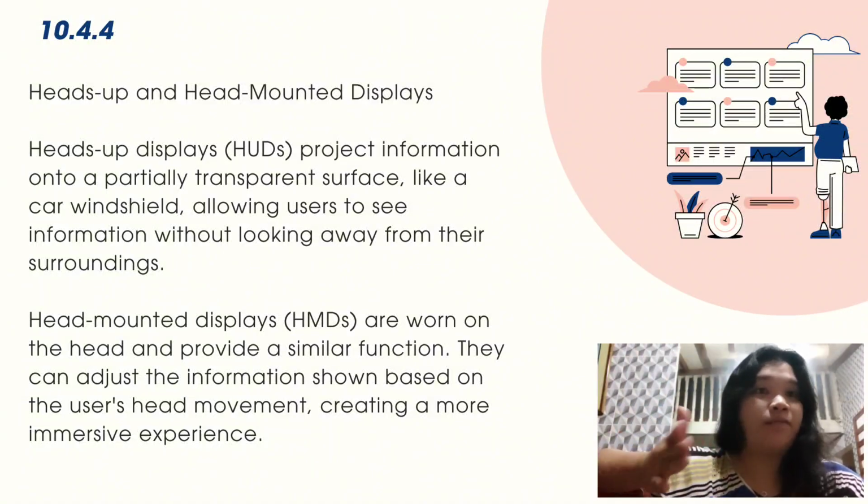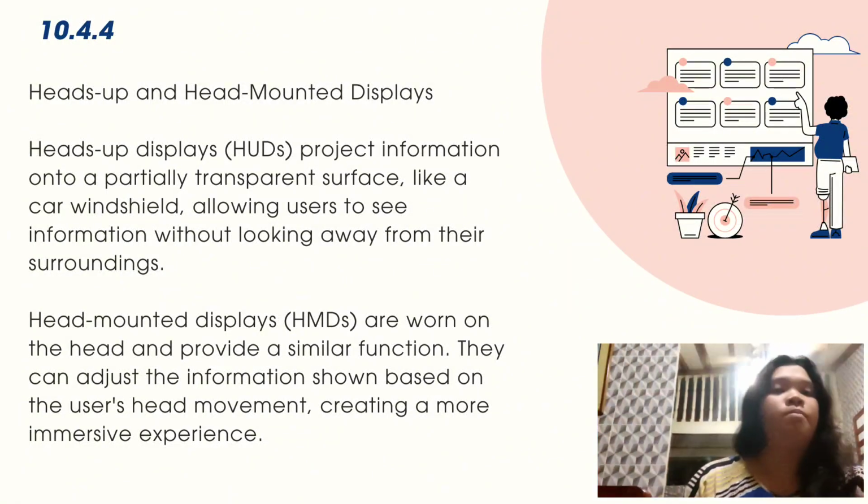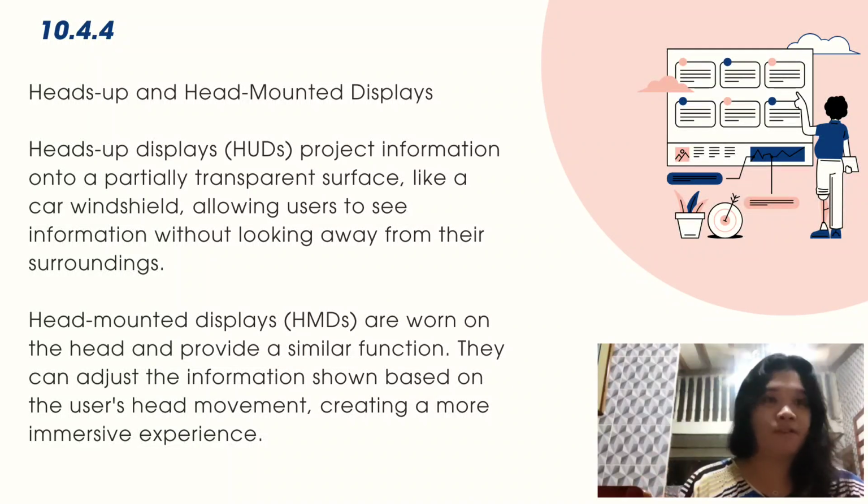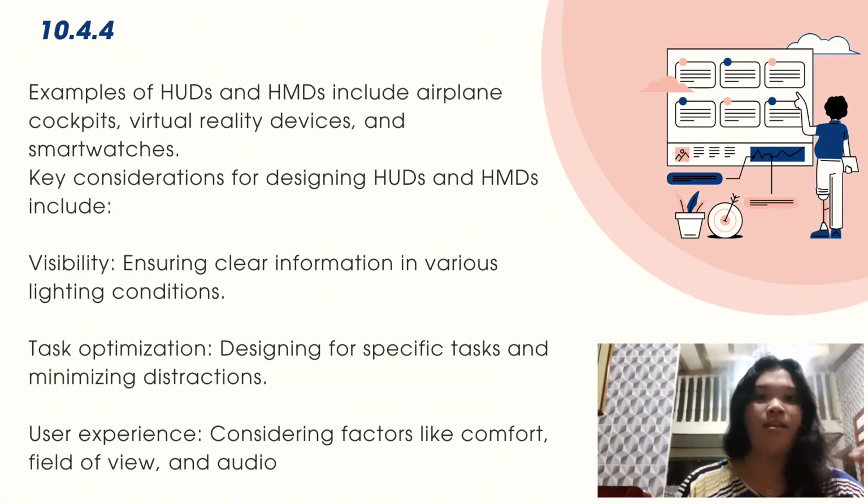They can adjust the information shown based on the user's head movement, creating a more immersive experience. And then examples of HUDs and HMDs include airplane cockpits, virtual reality devices, and smartwatches.